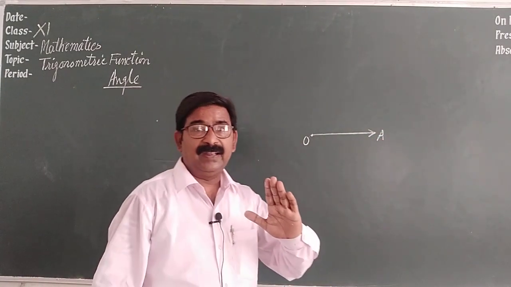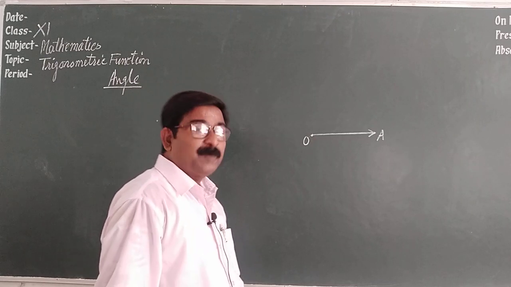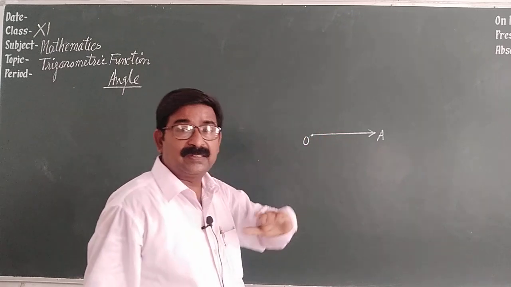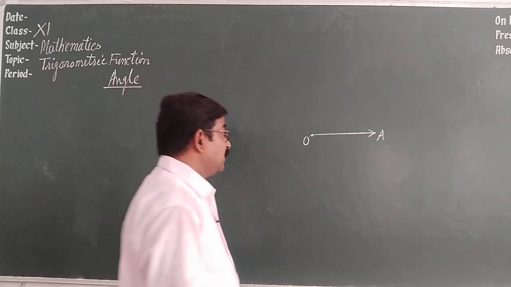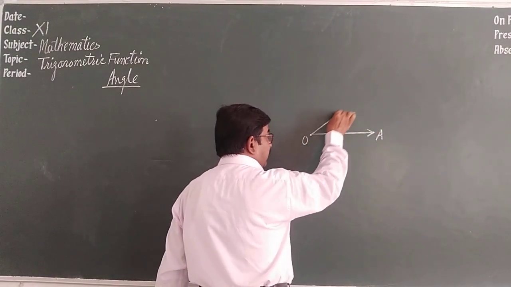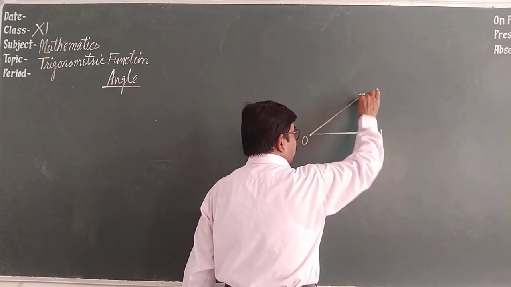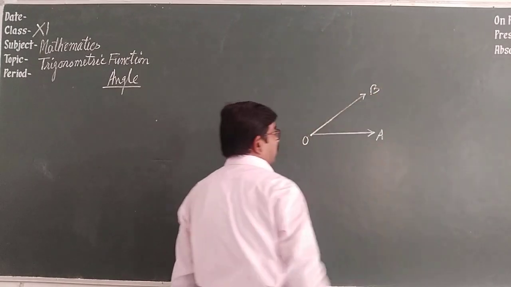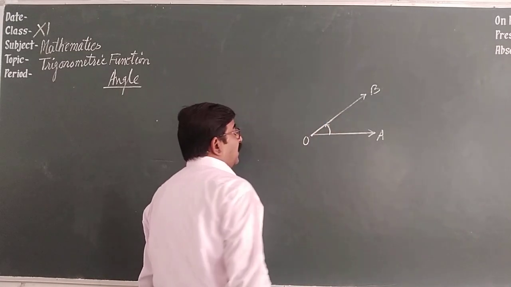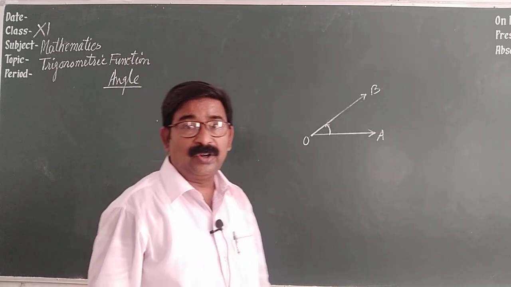When this ray terminates clockwise or anti-clockwise, the displacement at the initial point is called the angle. Suppose this OA terminates in this direction, and let this position be B. So this is the displacement at the common point, and this figure is called an angle.